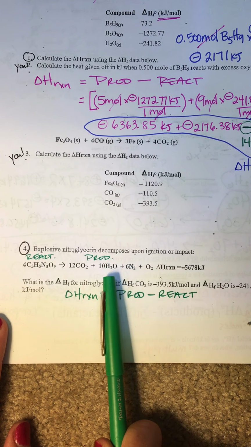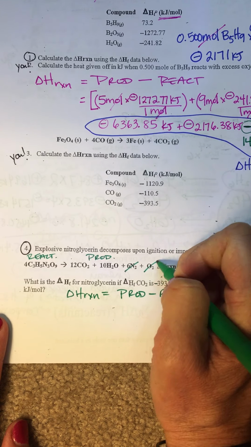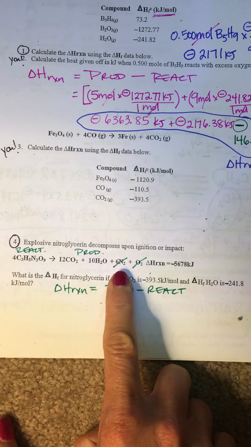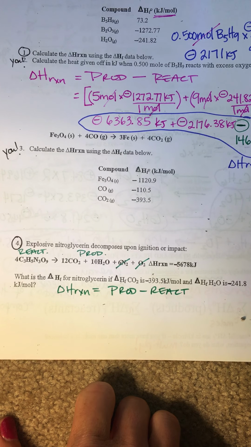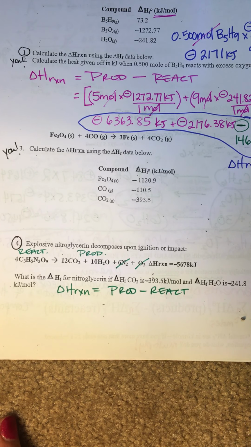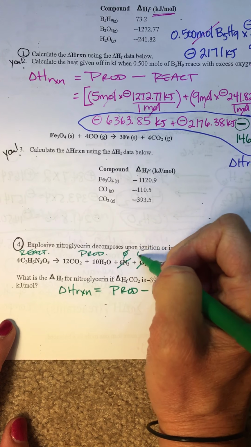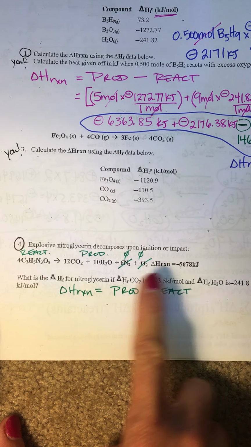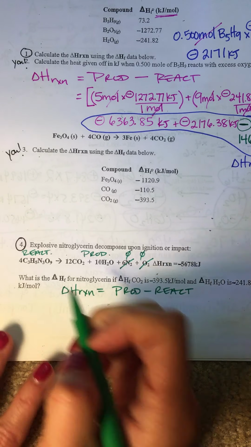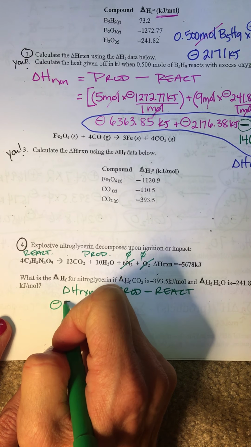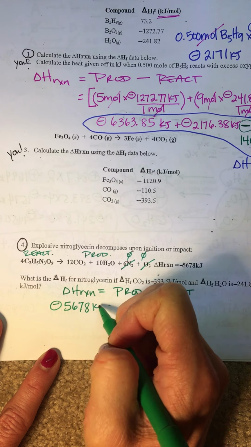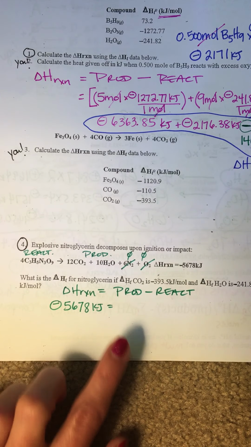Compound, compound, compound, element, element, which is good because some people go, well, how come they didn't give us the heat of formation of those? Well, they're elements. It's 0. So we need to realize that and commit that to our memory bank. And they did give us the heat of the reaction, so we can put that value already right here. So negative 5,678 kilojoules is equal to our products.